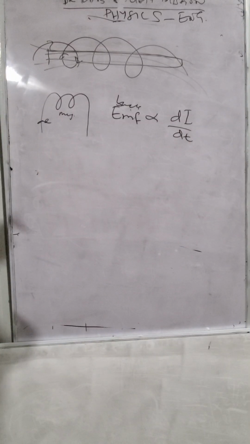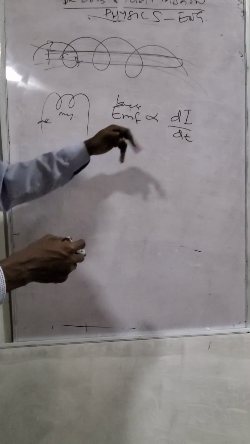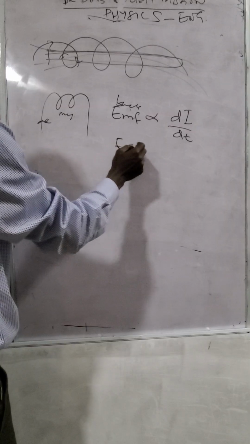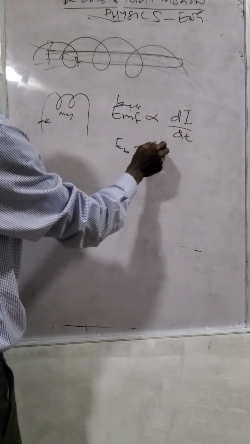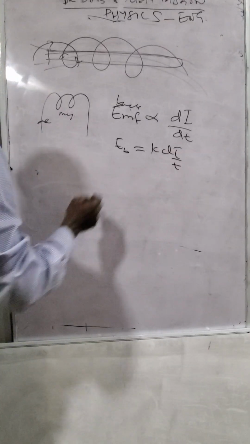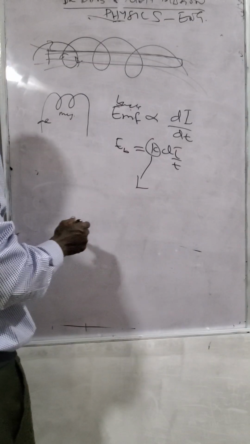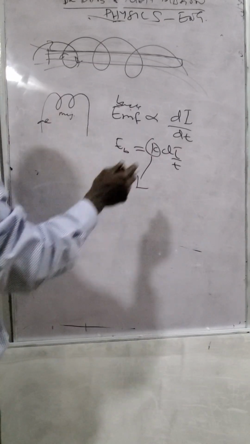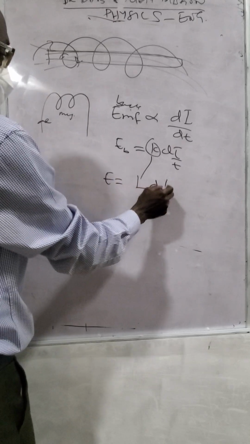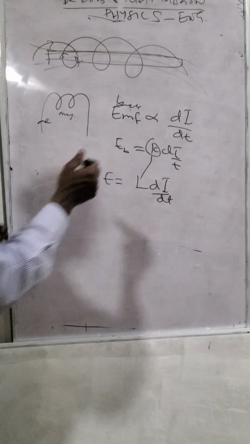Let's note that the back EMF will be proportional to the rate at which current is changing. So the back EMF will be equal to K times the change of current over time. But this K happens to be what we define as the inductance of the conductor you are dealing with. So E will be proportional to this change in current over T. Right.